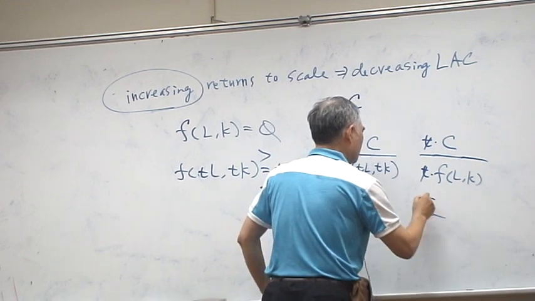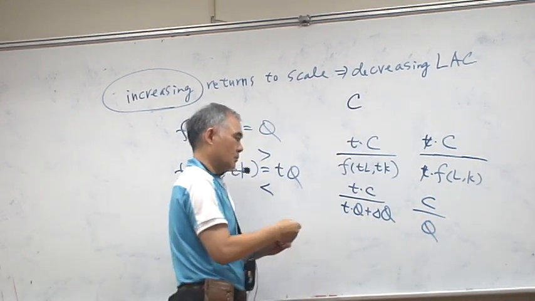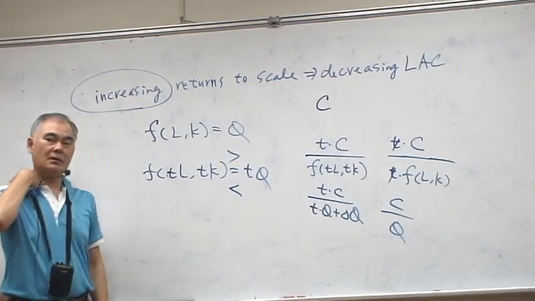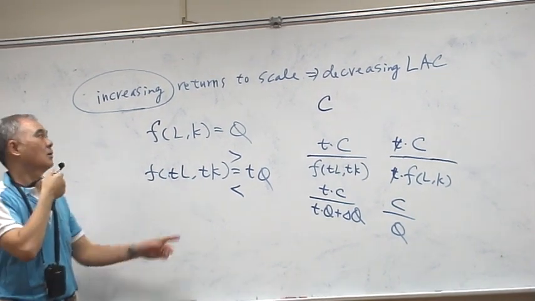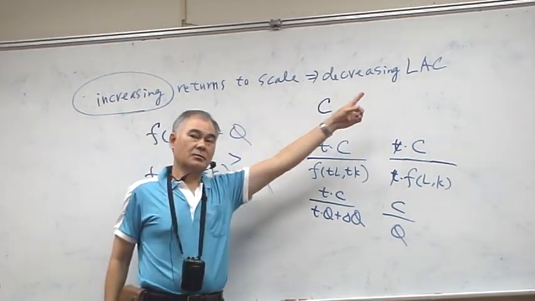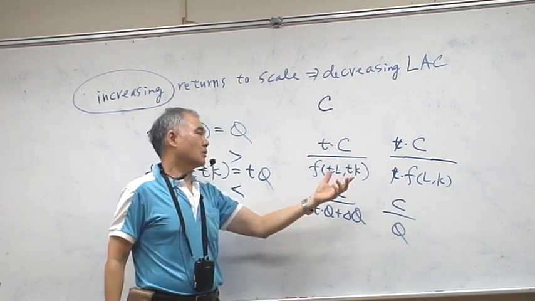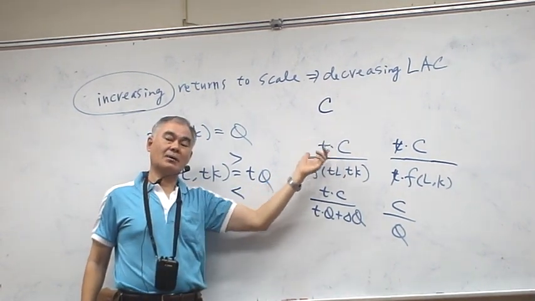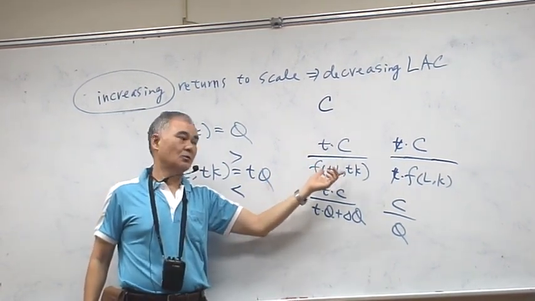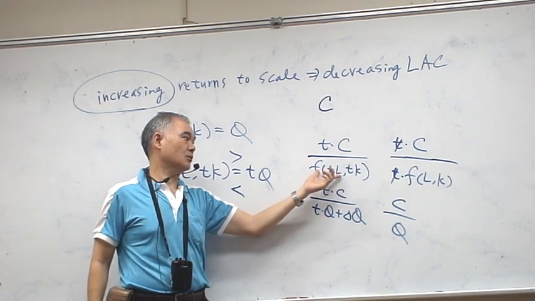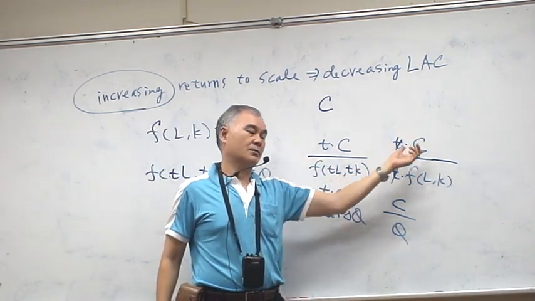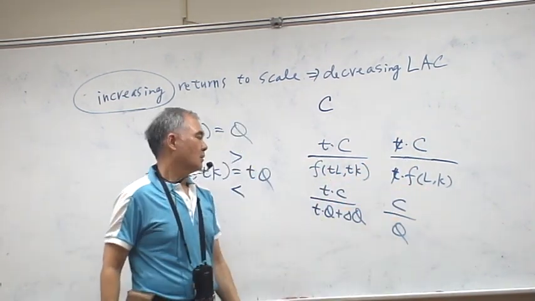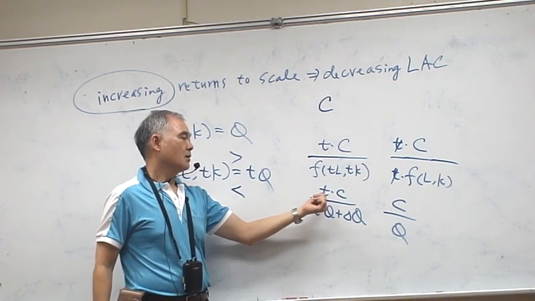And here you have C over Q. At this point, we are trying to figure out the average cost, which is total cost divided by production.